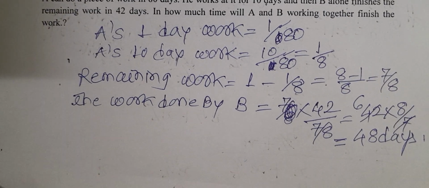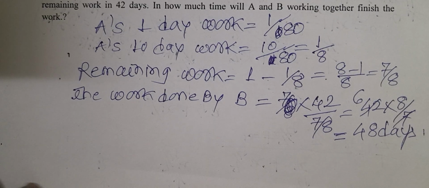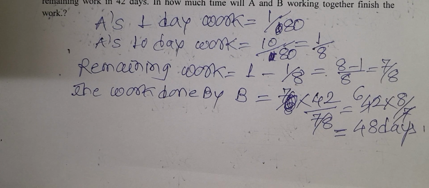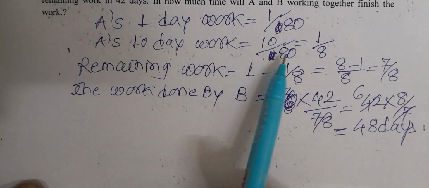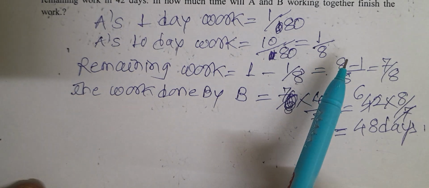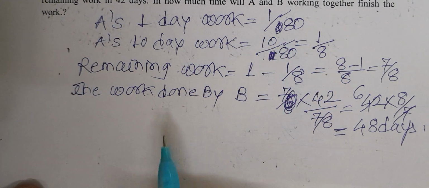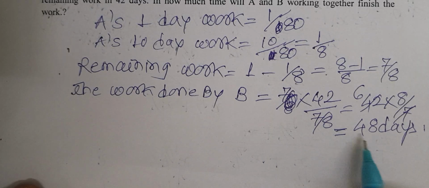Now we have to calculate in how much time A and B working together will finish the work. A's one day work is 1 by 80. Now we have to find B's one day work.